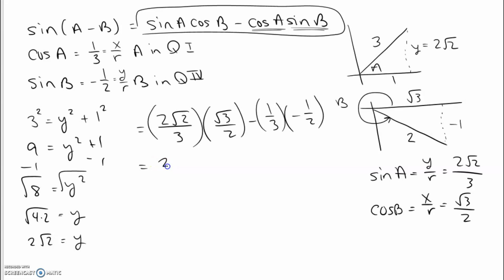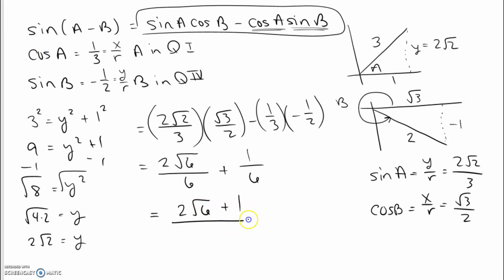Okay, so I've got 2 square root of 6 over 6 minus, and actually I got a negative here, so that's going to make this a positive, 1 over 6, which would give me 2 square root of 6 plus 1 all over 6, which is our final answer.